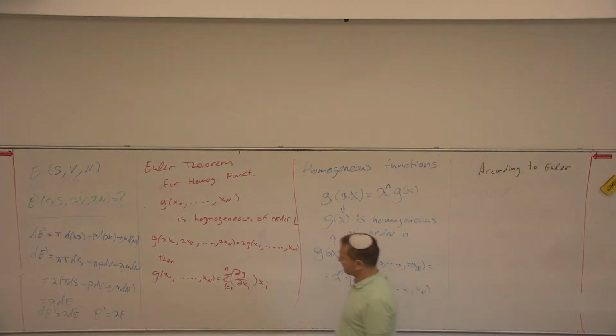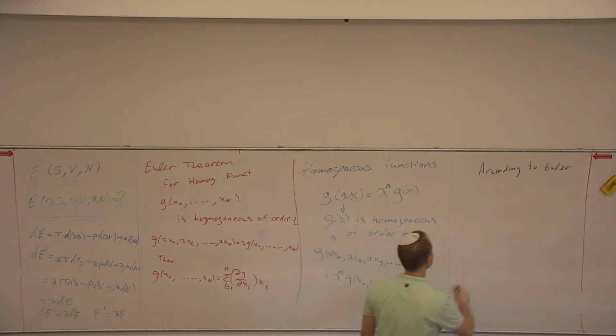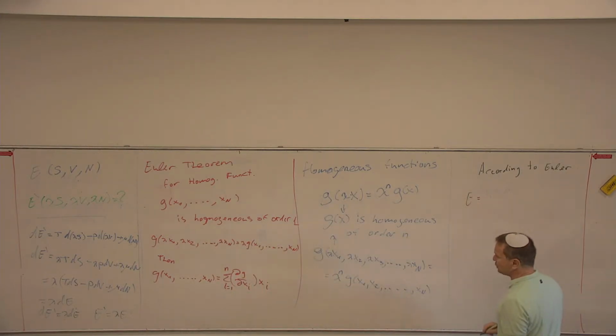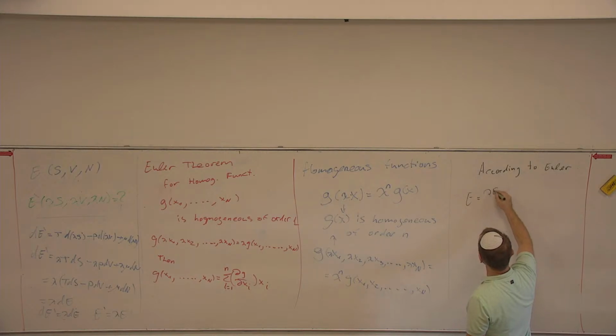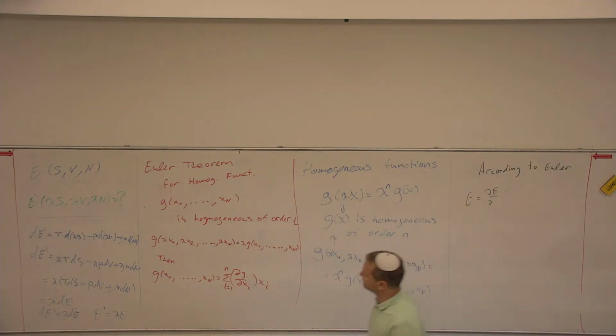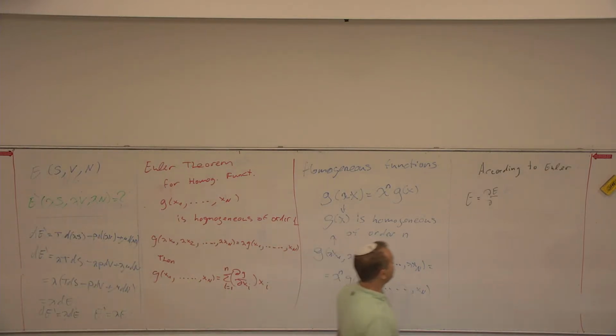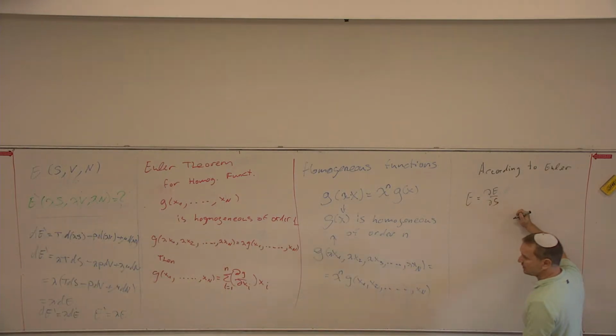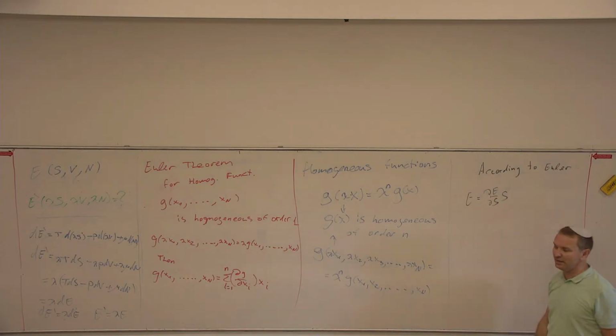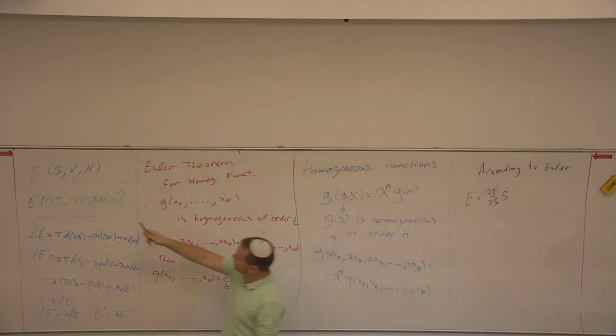what do we obtain? We obtain the energy equals dE over dS multiplied by S. The first derivative is with respect to entropy. This is our first variable.